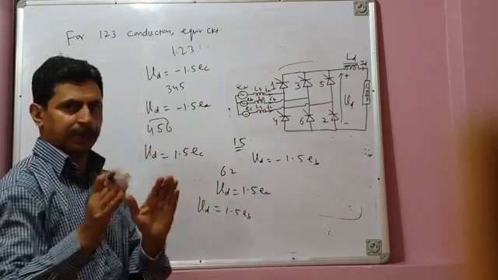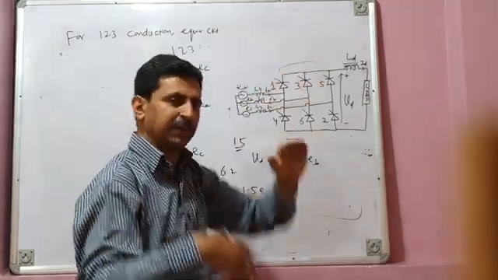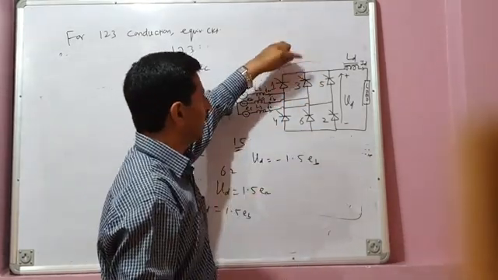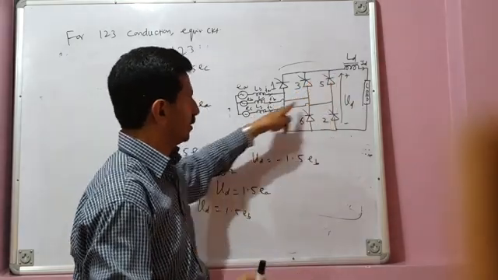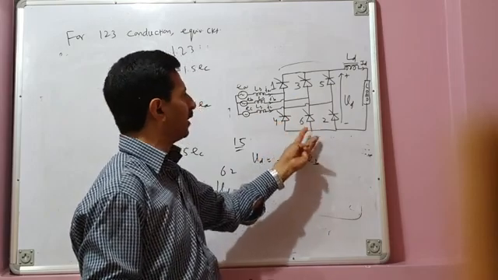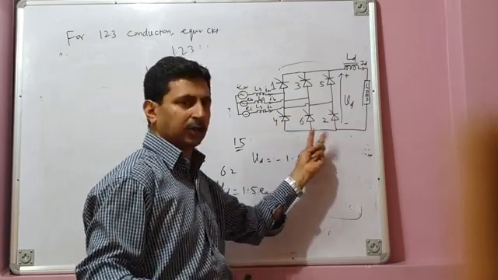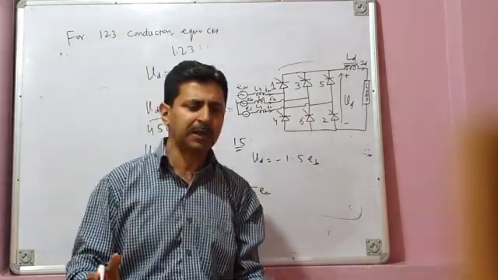So remember the trick: whenever the upper 2 valves are conducting in 3 valve conduction, your load voltage is minus 1.5 times the third phase voltage. Similarly, in the bottom group, whenever 2 valves are conducting, load voltage is plus 1.5 times the third phase voltage. So remember it that way.